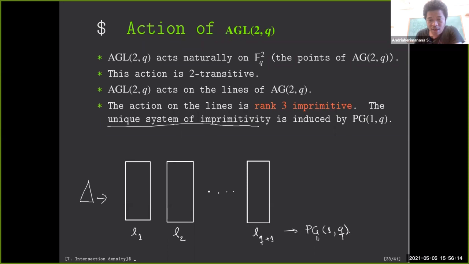If you take an element of PG(1,q), then we just shift it by q vectors, and we get a set of parallel lines. So the degree of the group is q times (q plus 1). From now on, when I talk about AGL_2(q), I mean AGL_2(q) acting on the lines of AG(2,q).